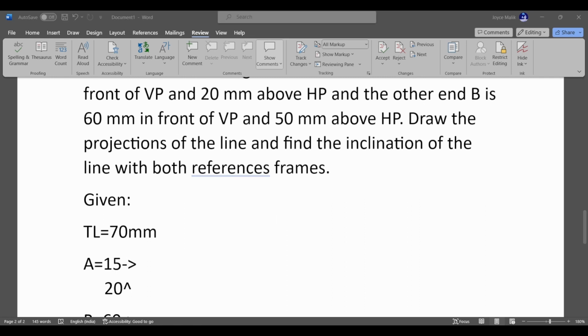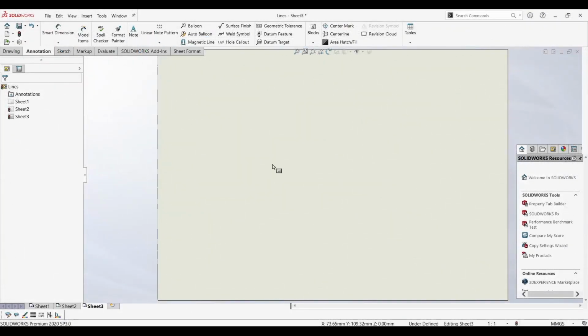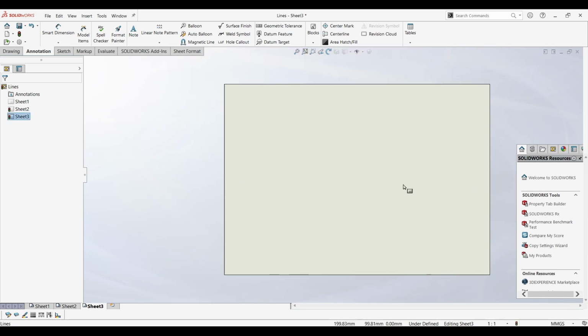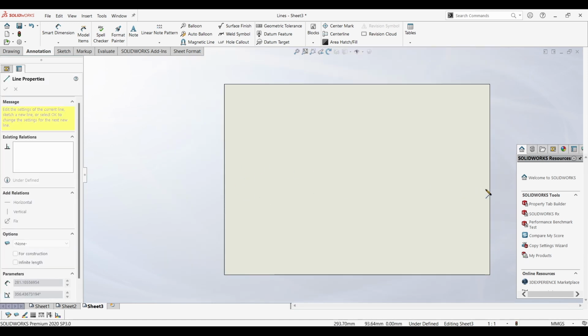So let us start plotting this. Opening SolidWorks. Fine. So let's start. First thing first, we draw the XY line from here to here.